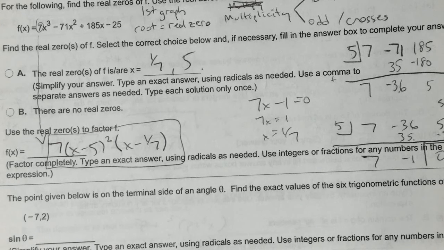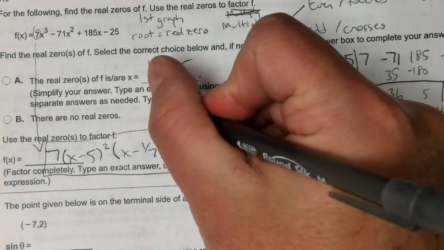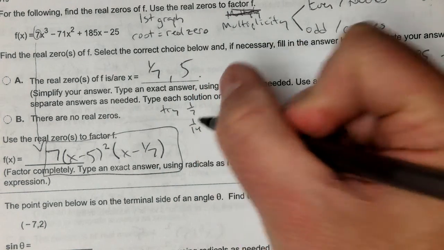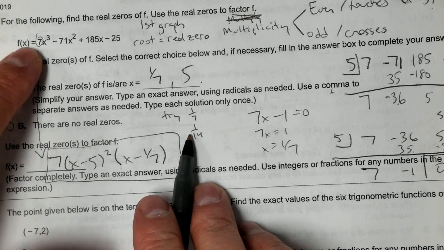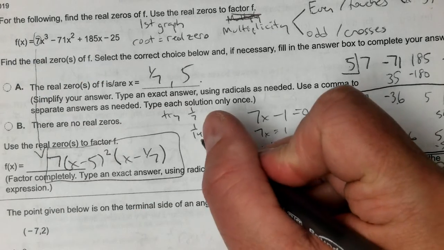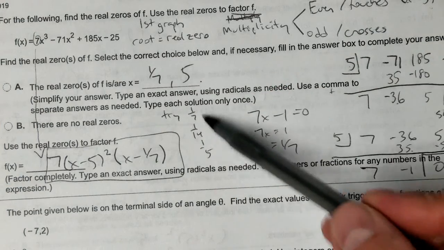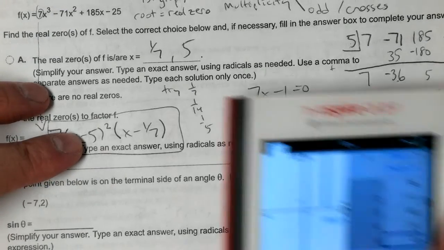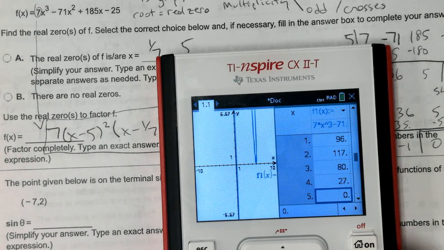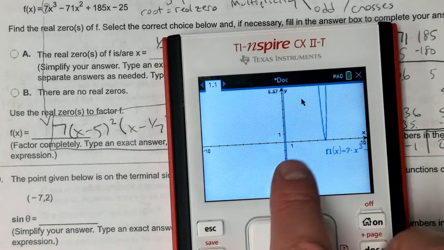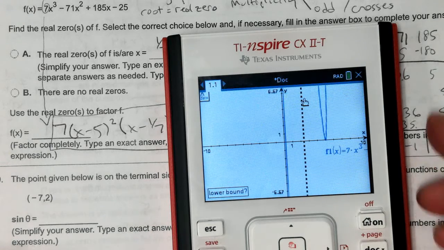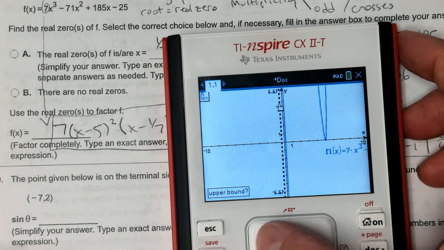Now, for those that don't like to go through this process, here's a little hint. Try 1/7 and 1/14, because those are multiples of 7. Try 1/5, possibly. See what decimal matches. So basically, if you don't want to go through this process, find out what decimal that is by going to Analyze Graph, then go to 0. Trap it between here and here.